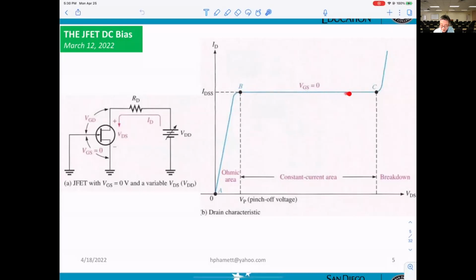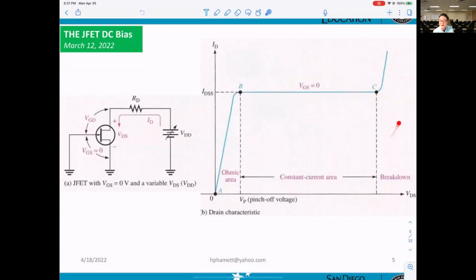That's what they call IDSS. IDSS is the maximum current with VGS equal to 0. That's very important. Okay, and when some VDS voltage exists, then they will break down.